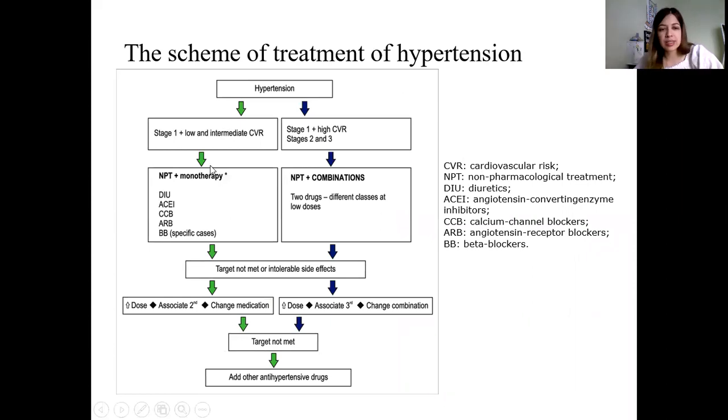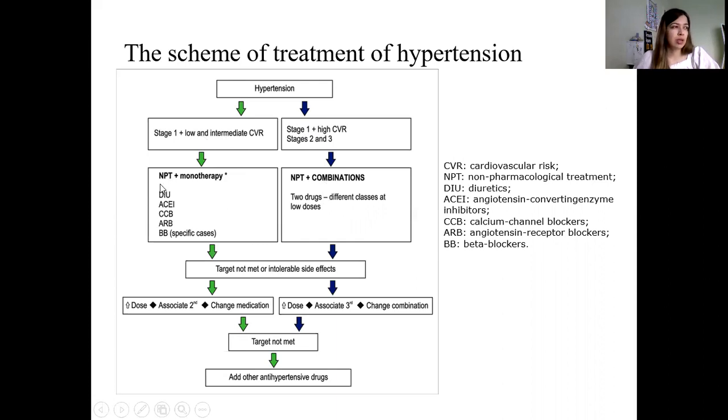So what do we see? Here we can see that hypertension can be of the first or the second risk stage, with low and intermediate cardiovascular risks or high cardiovascular risks. And because of that, we will have different schemes of treatment. If the patient is not that difficult, we can use non-pharmacological treatment.